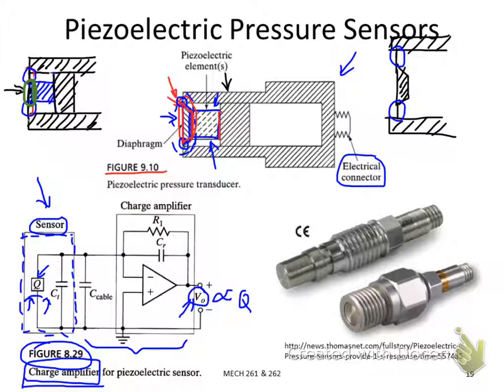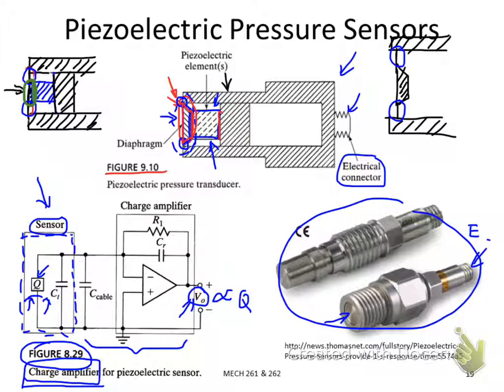If you look at the textbook, there is a formula which tells you the relationship. Those are photos of commercial piezoelectric pressure sensors. You can see this is the diaphragm surface, and the inside is the piezoelectric material. On the other side is the electrical output, which refers to this part and corresponds to this part.